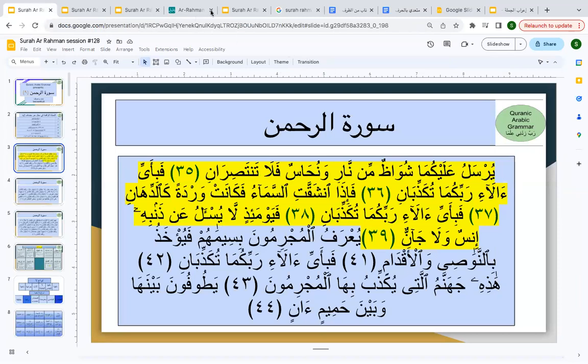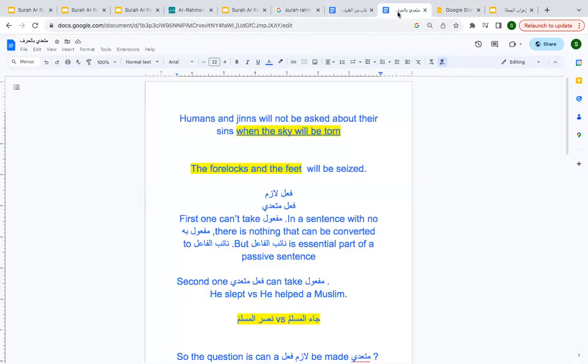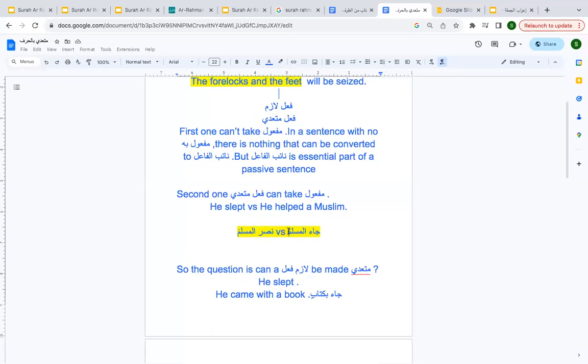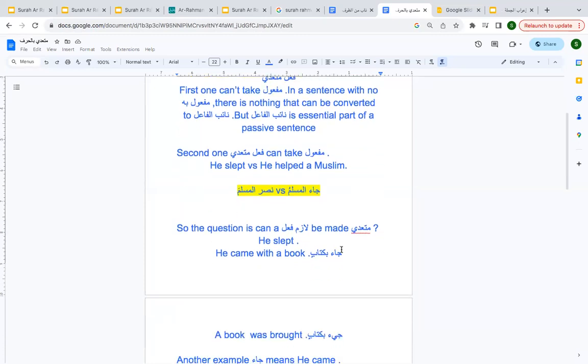When you say ja'a al-muslimu, the Muslim came. But if I have to say that the Muslim came with a book, do you know what I'd have to do?